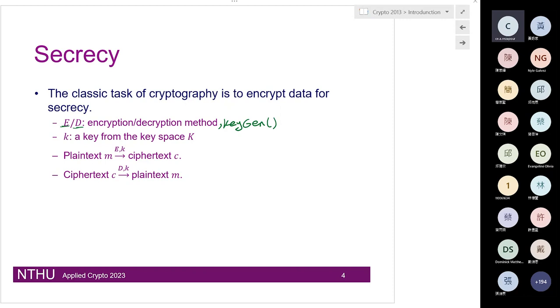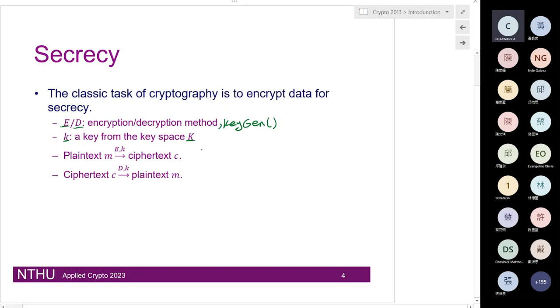Besides that, you would choose a key from a subset of available keys. This capital K is a subset of all keys. And when you choose a key from that set of keys, we normally refer to the chosen key as a small k. So just notice the notation over here.